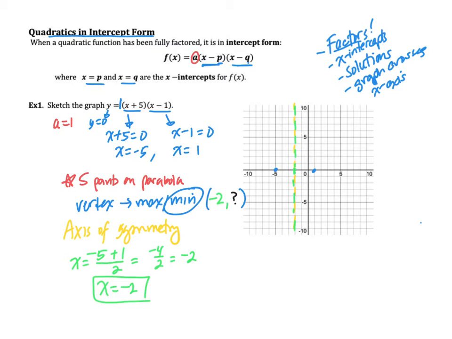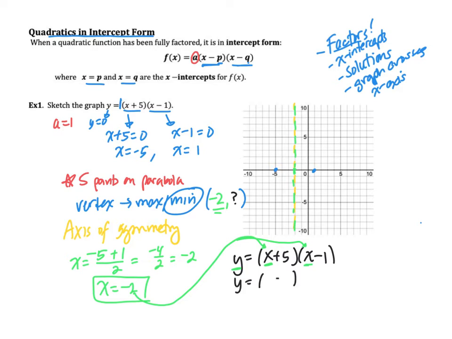Well, go back to your original equation, which is y equals x plus 5 times x minus 1. And now I'm trying to solve for y if x equals negative 2. Right? If the x-coordinate of my vertex has to be negative 2, I'm just going to substitute in. So I would get y equals, and I would put in negative 2 plus 5 and negative 2 minus 1.